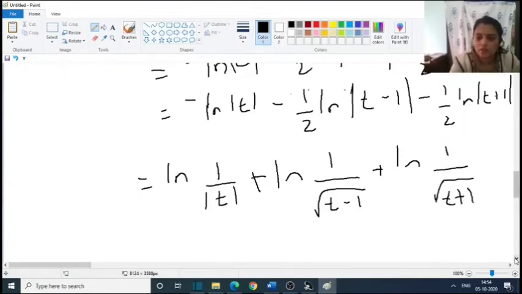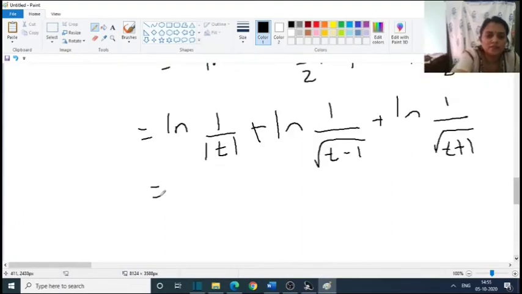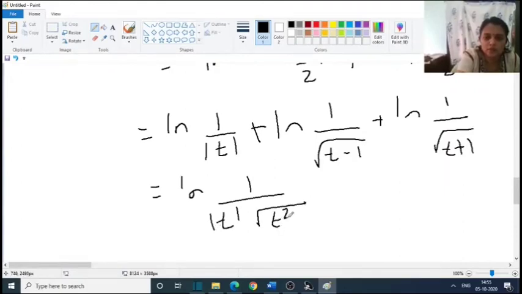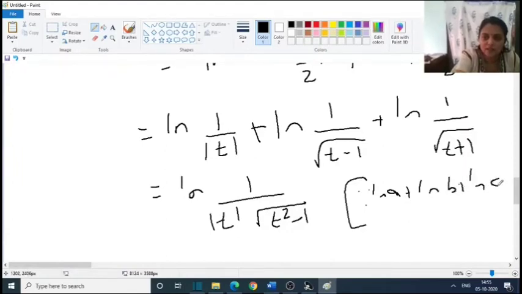So this is equal to ln of 1 by mod t into root of (t minus 1) into (t plus 1). So this is t square minus 1, since ln a plus ln b plus ln c is equal to ln abc.